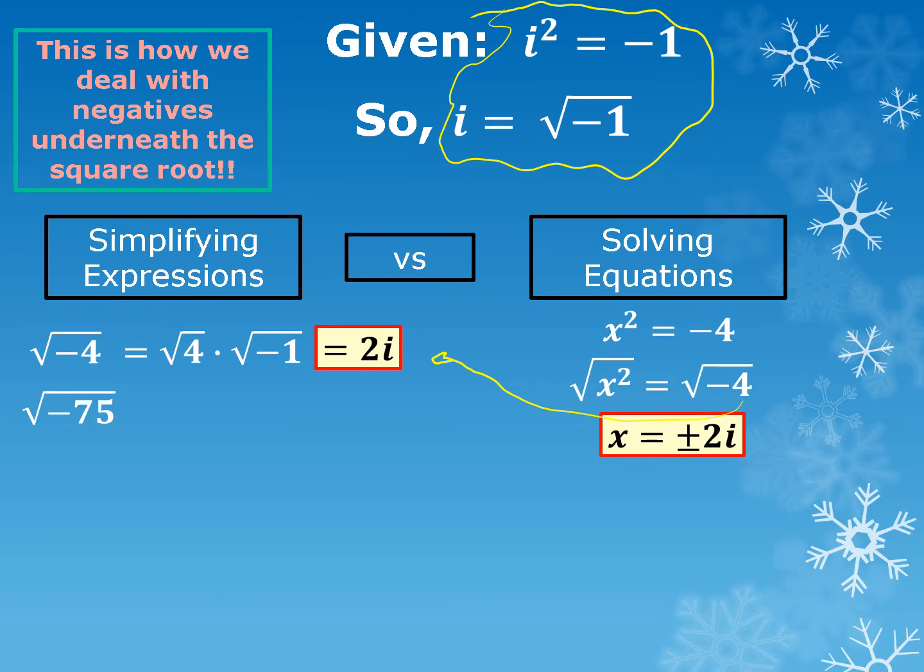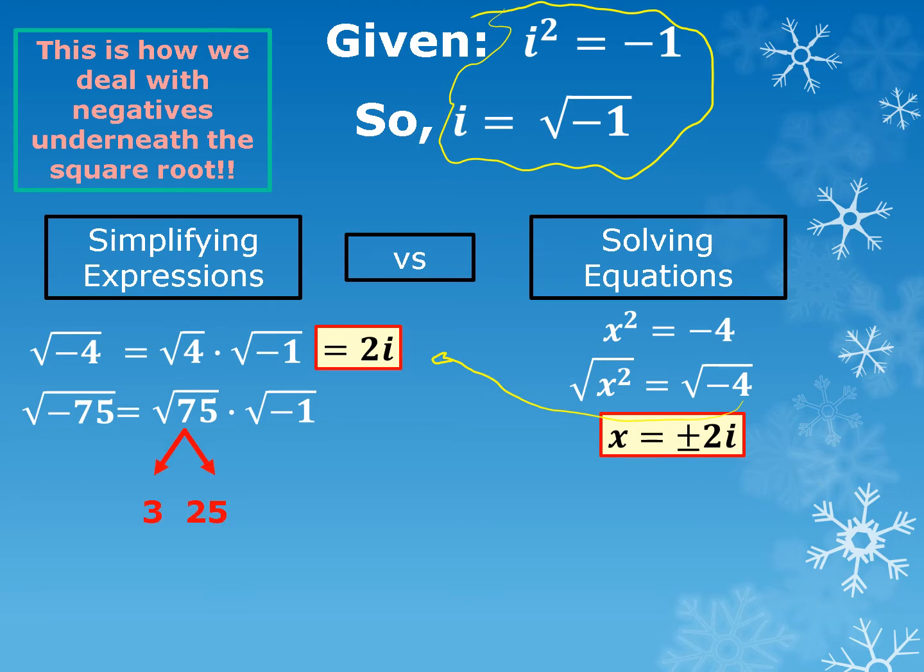Let's look at the square root of -75. Well, the first thing I want to do there is break that up into the product of the square root of 75 times the square root of -1. Now, the square root of 75 is not a perfect square, so I'm going to have to simplify it. Well, I know 2 doesn't go into 75, but I know that 3 does 25 times.